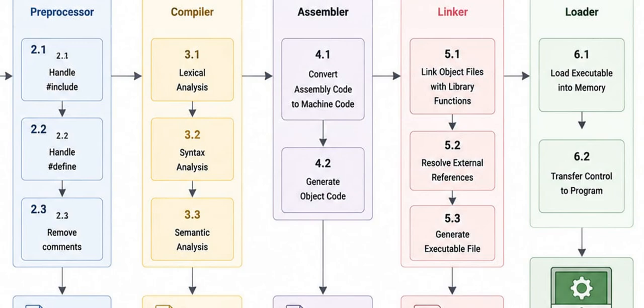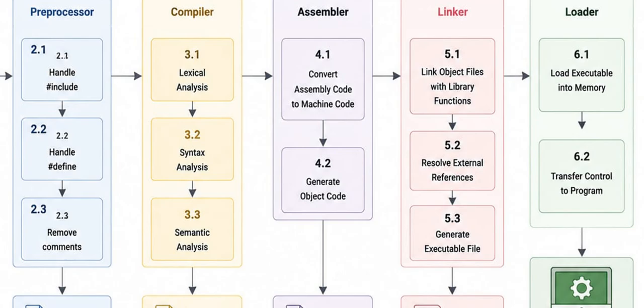Link object files with the library functions. We discussed in the earlier video that a library, stdio.h, is used. It is used to give the compiler information about what that particular keyword is meant to perform. This linker plays a key role in connecting this library to this program. With a simple example, I will try to explain it.